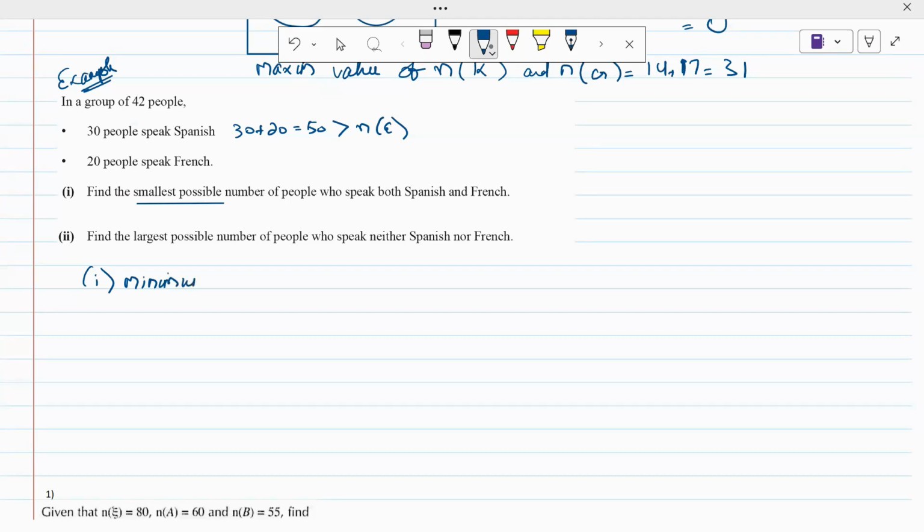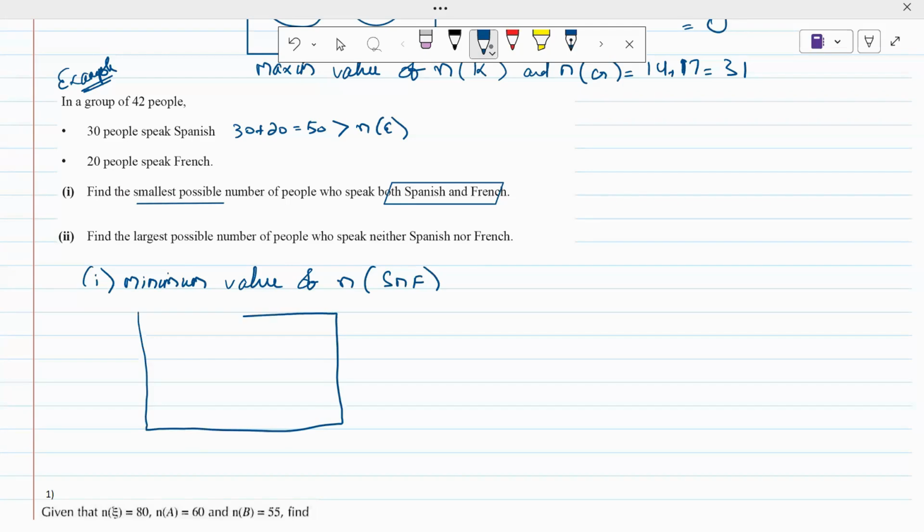Subset is the case when it's the largest value of intersection. It's the minimum value of n of S intersection F, Spanish and French. So this is the case of a small intersection.